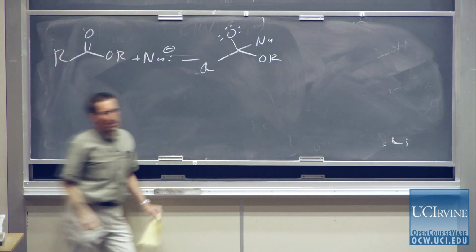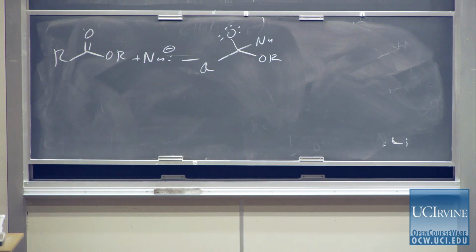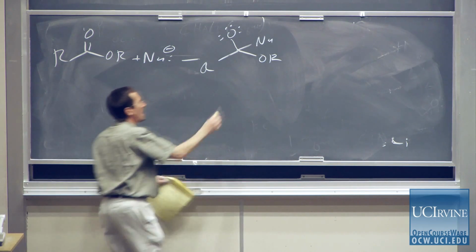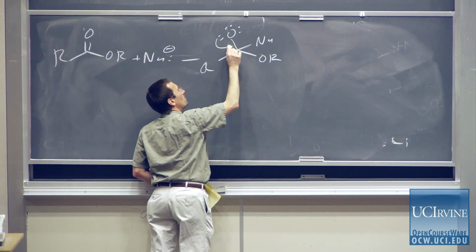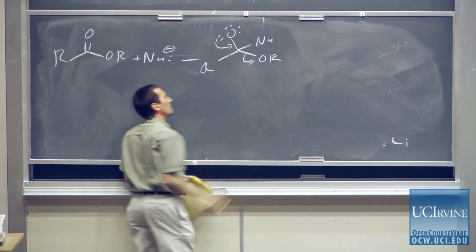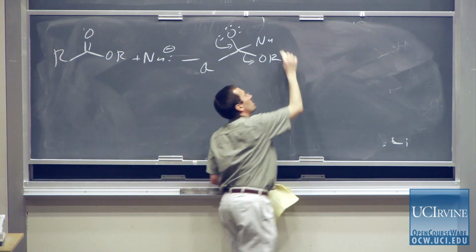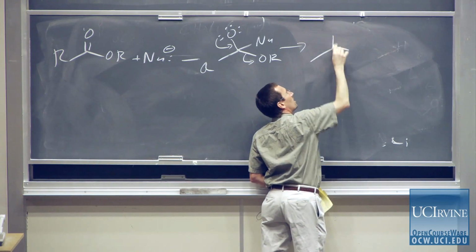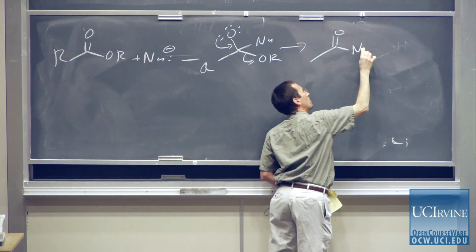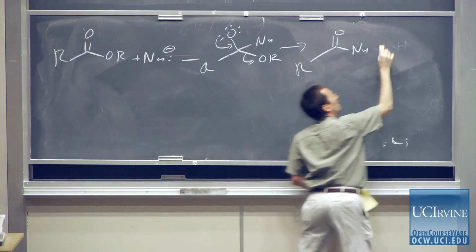And that tetrahedral intermediate isn't stable. It breaks down. It kicks out the OR group. In other words, our electrons flow like so to push out our OR group that serves as a leaving group.